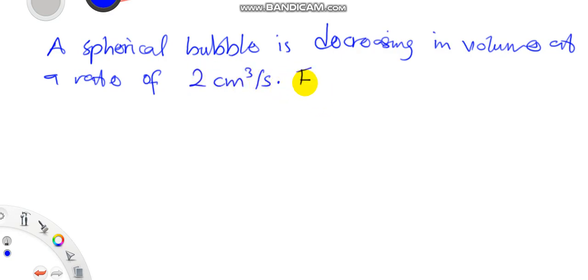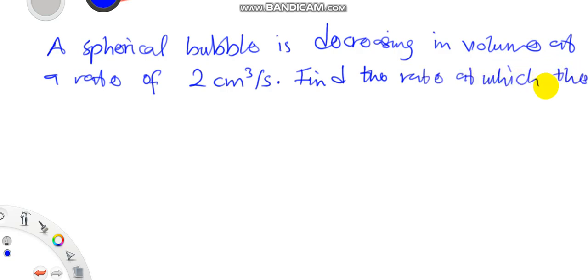We are asked to find the rate at which the surface area is diminishing. That's also decreasing.